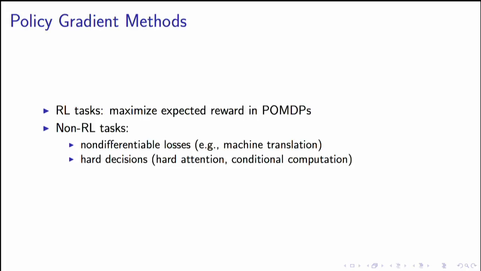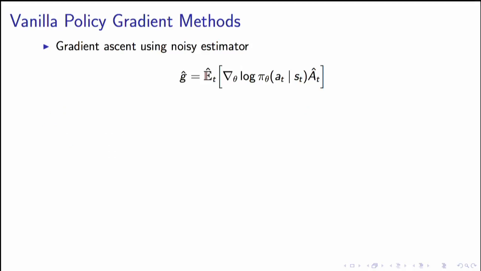And also anywhere that you have to make hard decisions, like if you have a hard attention model or you want to do conditional computation, it makes sense to cast this as a POMDP or as an MDP and use policy gradient algorithms. And policy gradient methods have been used for these kinds of problems.